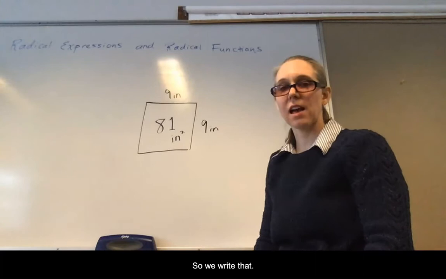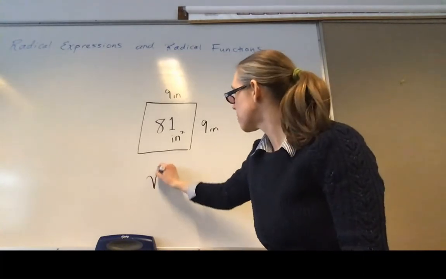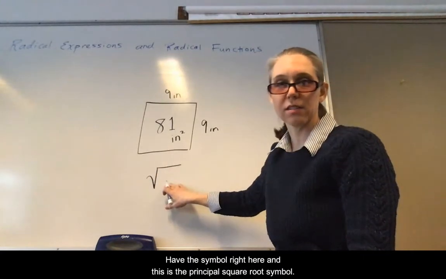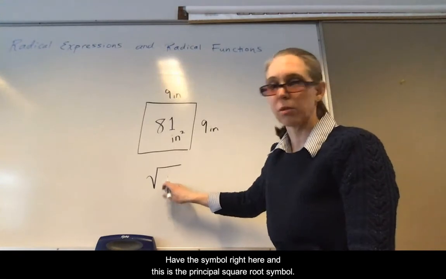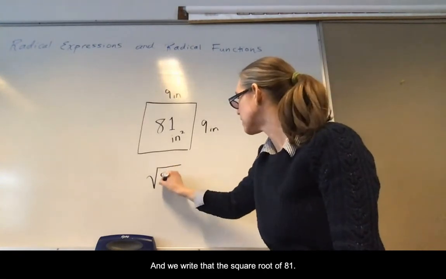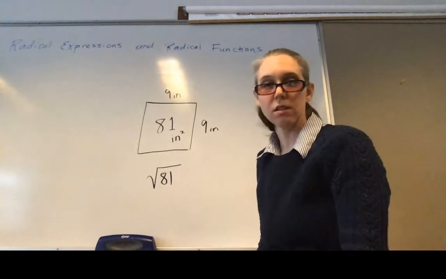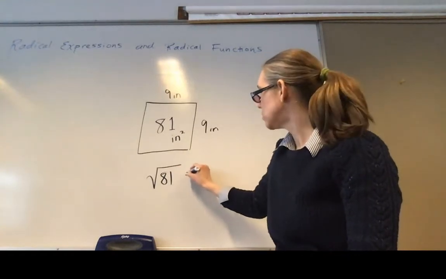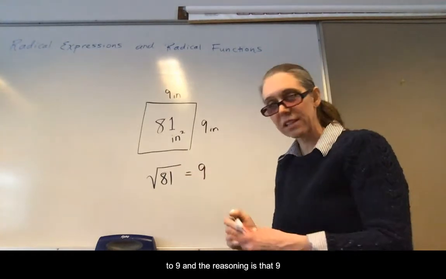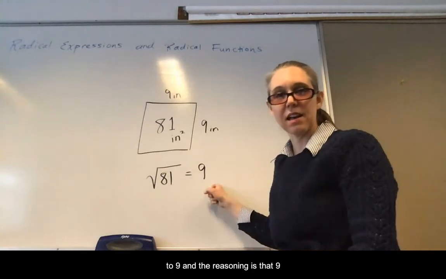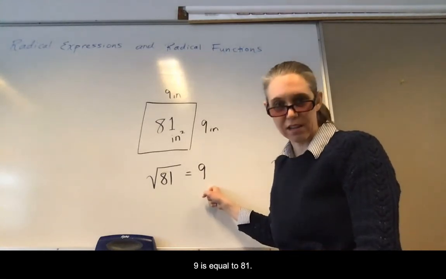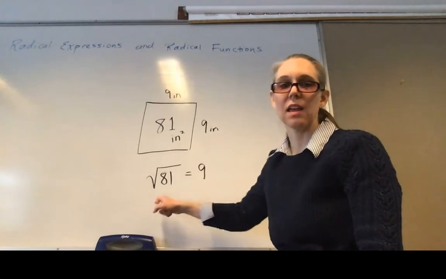So we write that in a notation that has this symbol right here. This is the principal square root symbol. And we write that the square root of 81 is equal to 9. And the reasoning is that 9 times 9 is equal to 81.